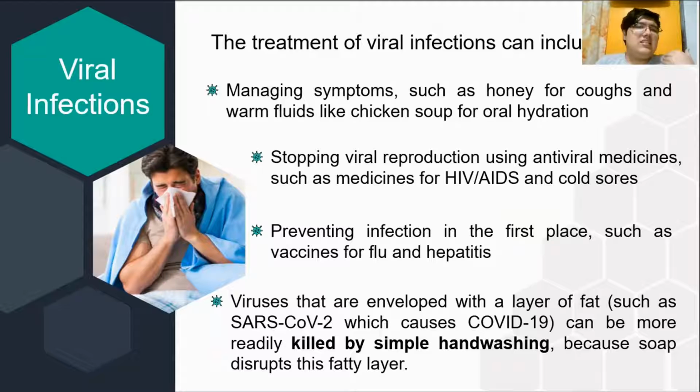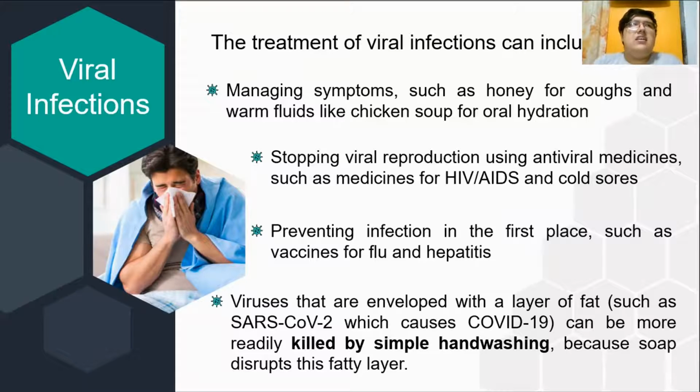There are many steps to treat a viral infection that can include managing the symptoms, with honey for coughs or chicken soup for hydration, etc. We can stop the viral reproduction using specific antiviral medicines, like medicine for flu, for example. Most important, we can prevent infection in the first place using vaccines.